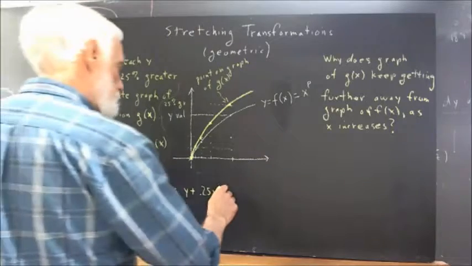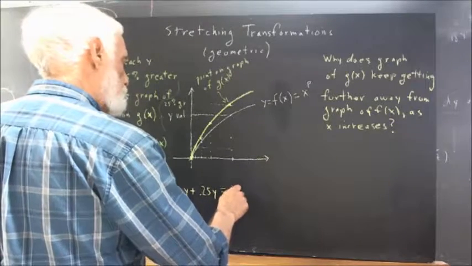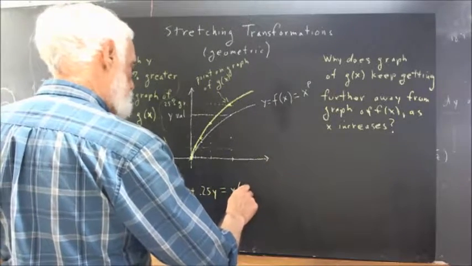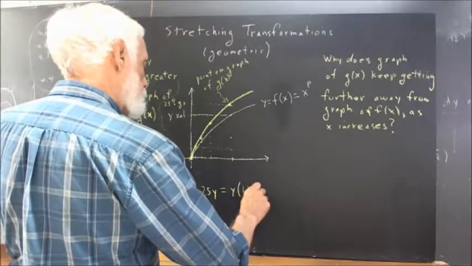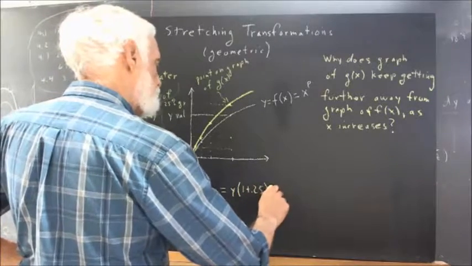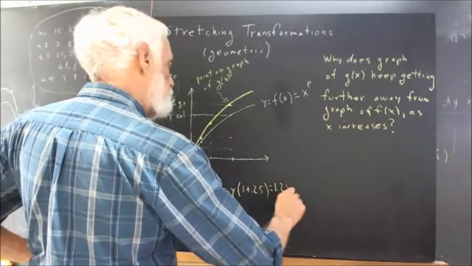And that equals what? Well, we could factor out y, and we get 1 plus 0.25. So that's 1.25y.